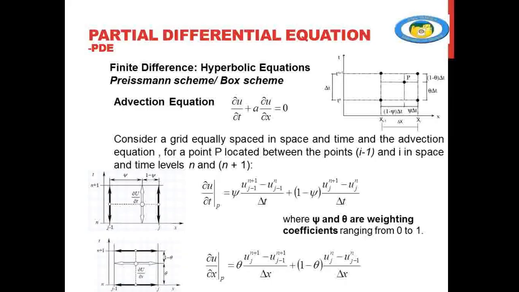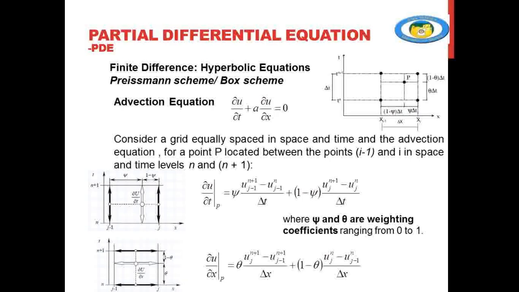So when you calculate the spatial derivatives, we are going to do it between j and j minus 1, but for different times, a weighted average of the n plus 1 time and the nth time.